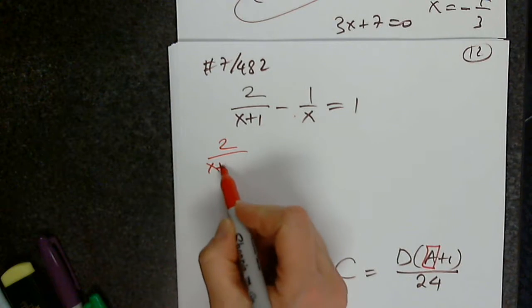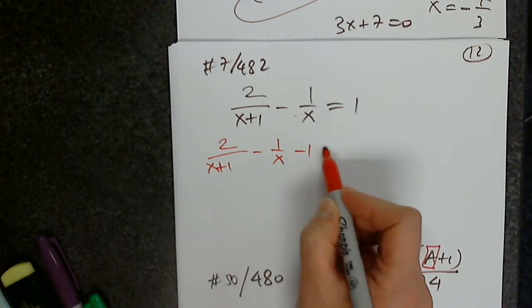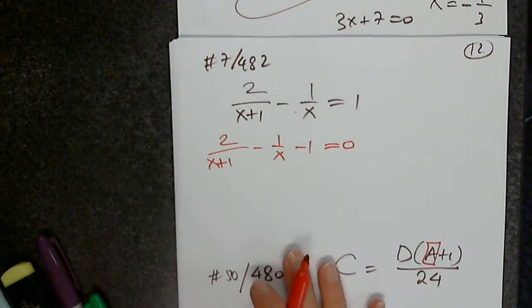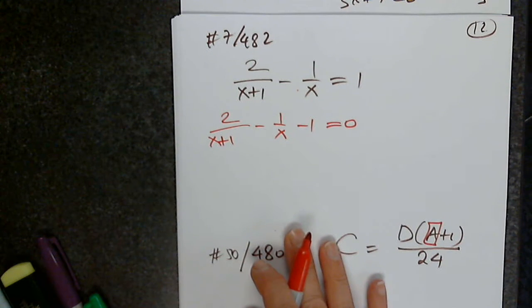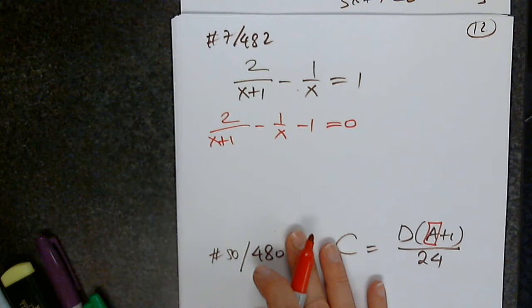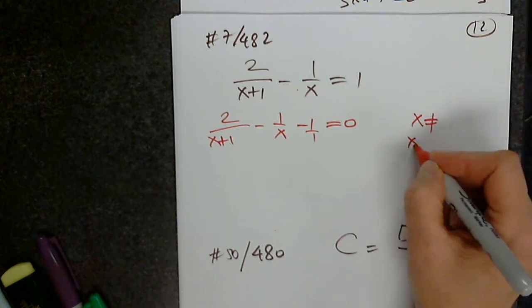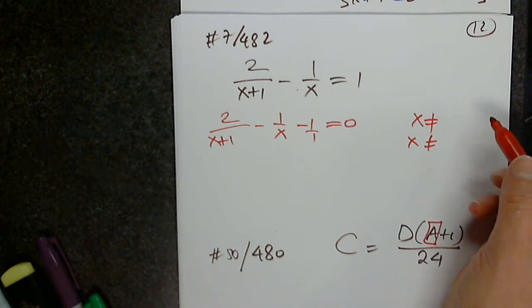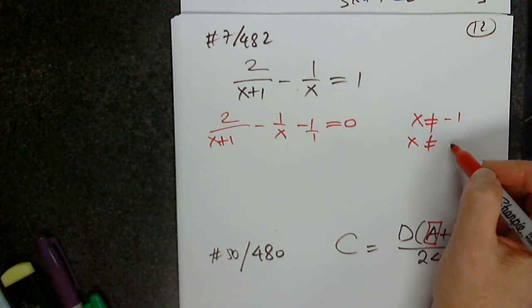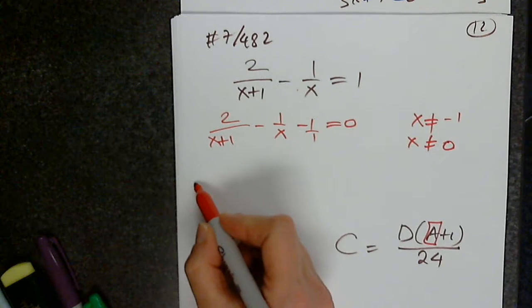So 2 over x plus 1 minus 1 over x equals 0. When I moved 1 to the other side, I did minus 1 over 1. That's fine. 2 restrictions then. X cannot be negative 1 or 0. Good.